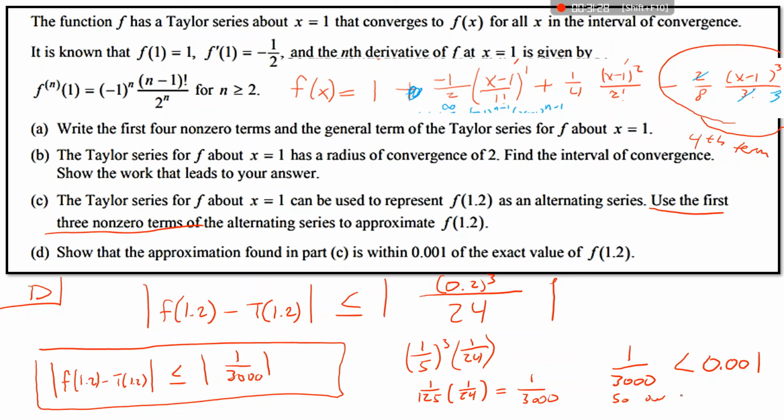So our error, I'll say, so our approximation is within 0.001 of f of 1.2. Okay, any questions on what we did there?